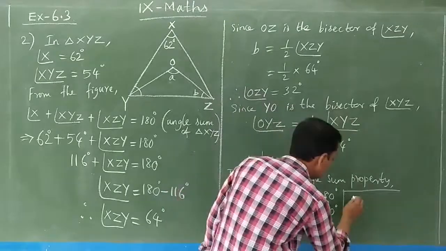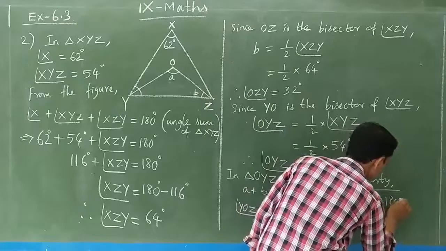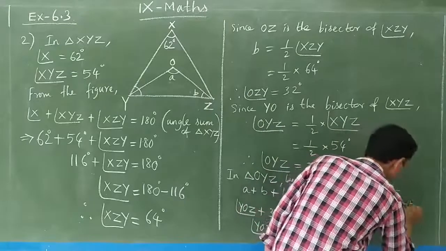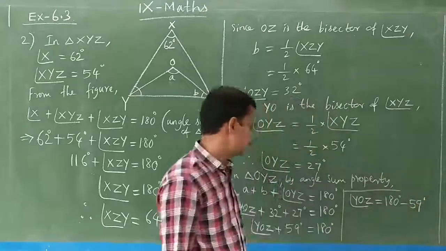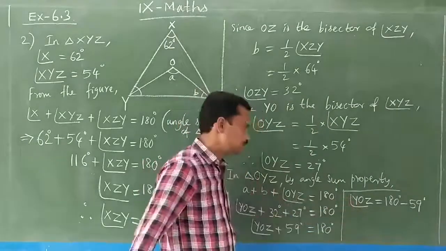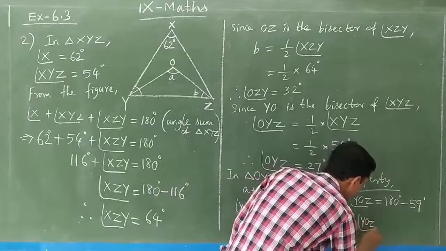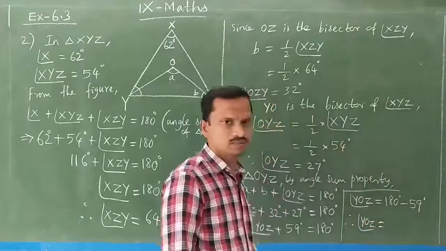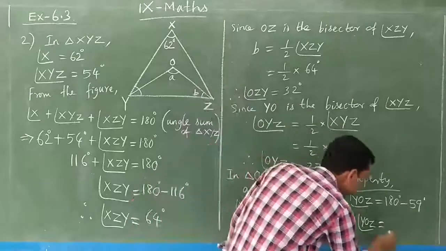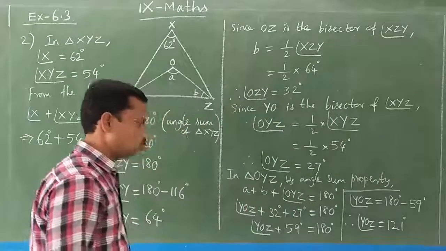So YOZ equal to 180 minus 59 degrees. So now therefore angle YOZ measure is equal to, what is 180 minus 59? 121 degree. So now we have found YOZ also.